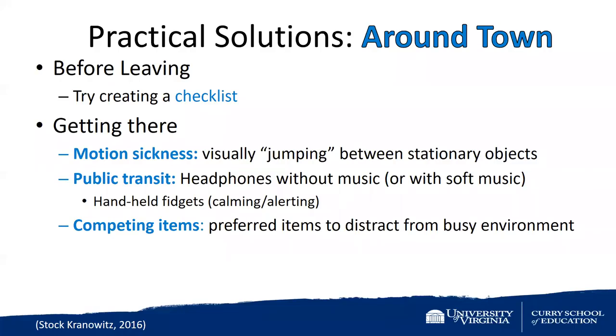It may also help to have them look out the front window and visually jump between stationary objects. So looking straight ahead and using their eyes to jump from object to object, where the objects themselves aren't moving. That's going to help the inner ear rebalance itself.